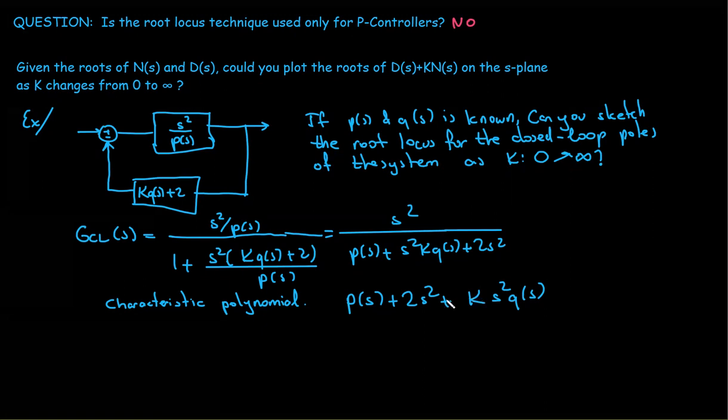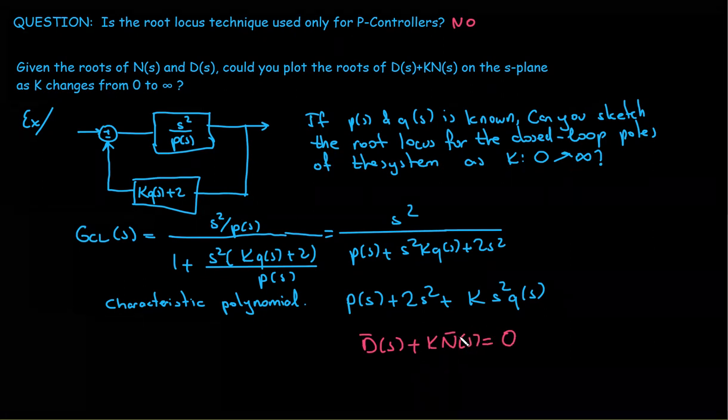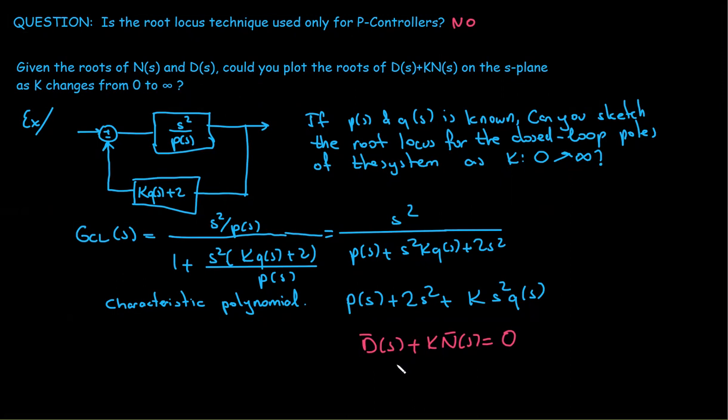If this was given in the form d bar of s plus k m bar of s equals 0, I would assume that m bar of s is the open loop zeros and d bar of s is the open loop poles, and I could sketch the root locus for that, right?